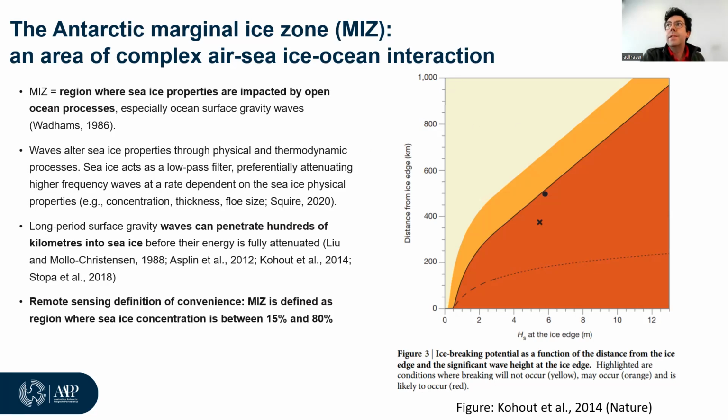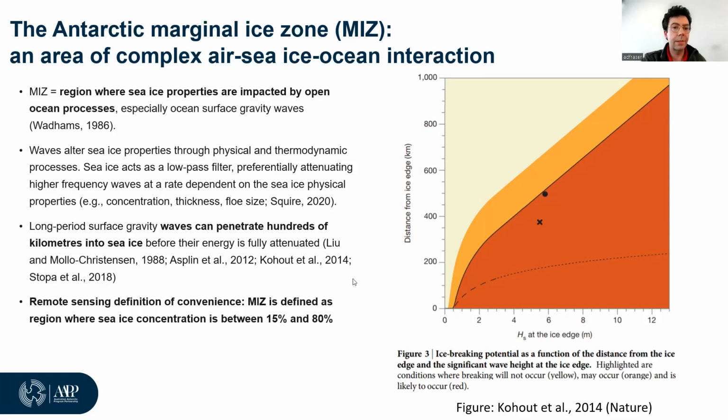From Alison Kohout's 2014 Nature paper and others in the field, waves penetrate quite far into the ice. 1,000 kilometers into the ice is not really out of the question when the swell at the ice edge is very high. We're talking 12, 13 meters or more. It can get even higher than this in the Southern Ocean, of course.